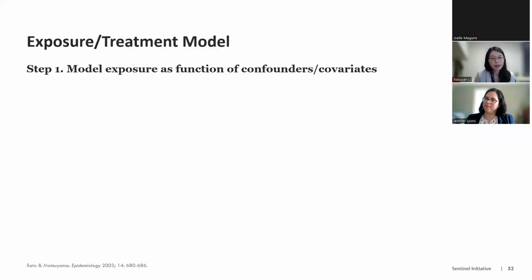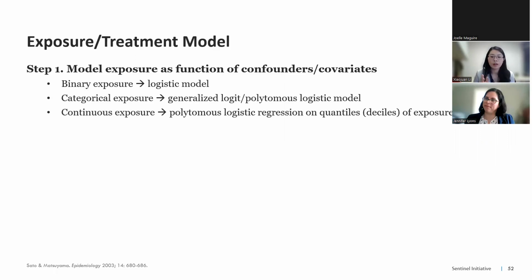In the first step, we model exposure as a function of covariates that we suspect to be confounders, and different types of exposures can be accommodated using different models.